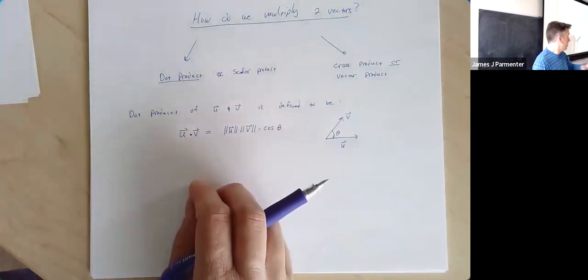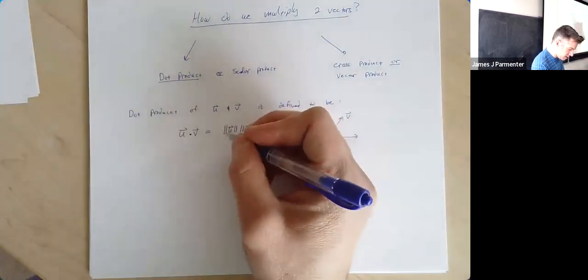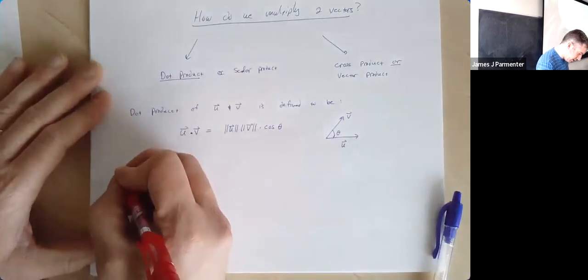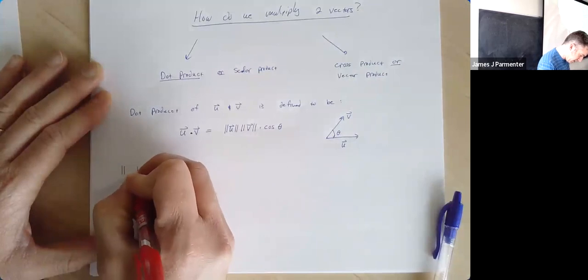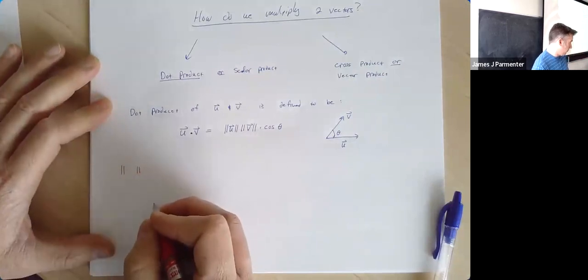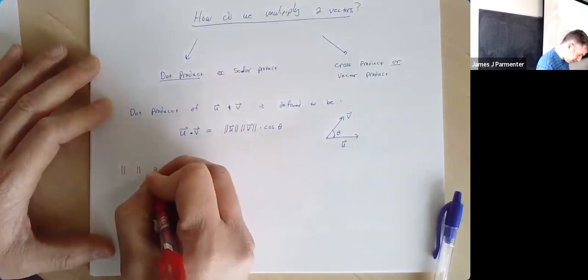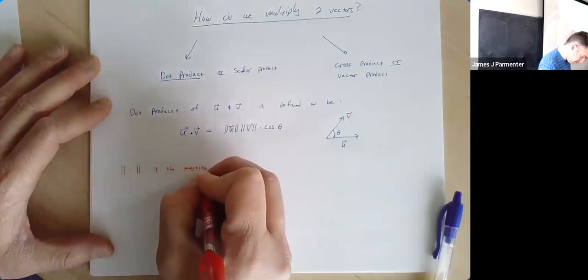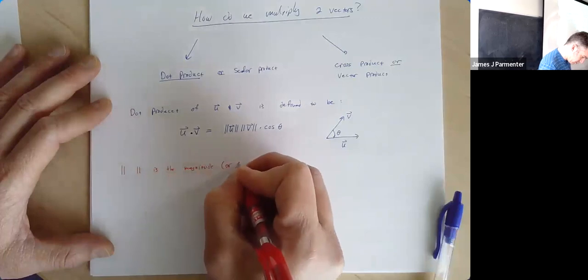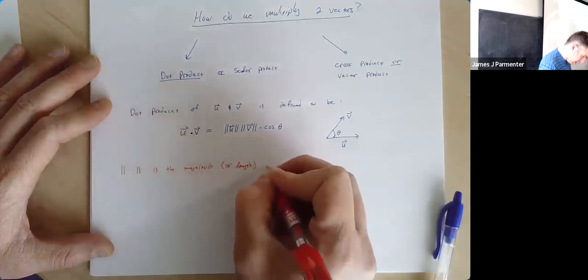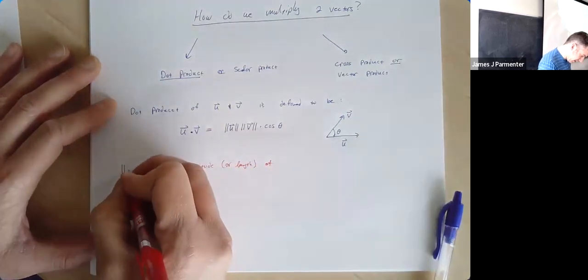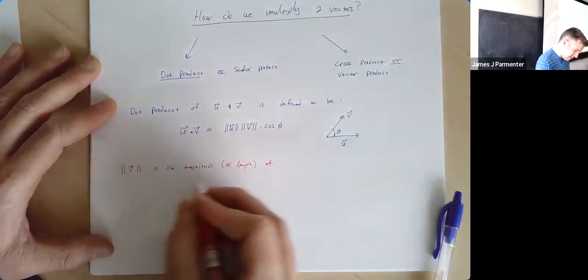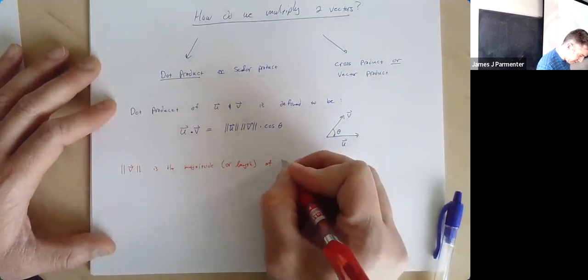Wait, what are those? This symbol here just means the magnitude, or length, of whatever vector is inside there. So if that's your vector v, then this is the magnitude or length of the vector v.